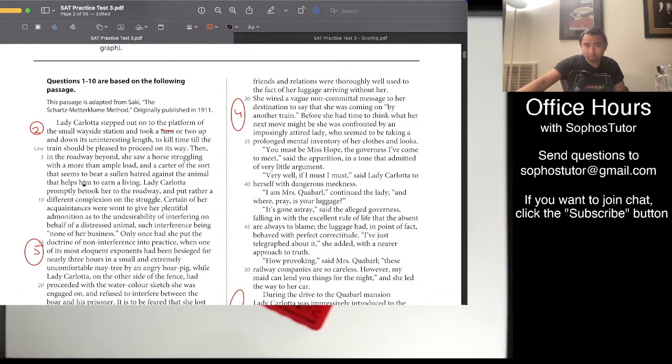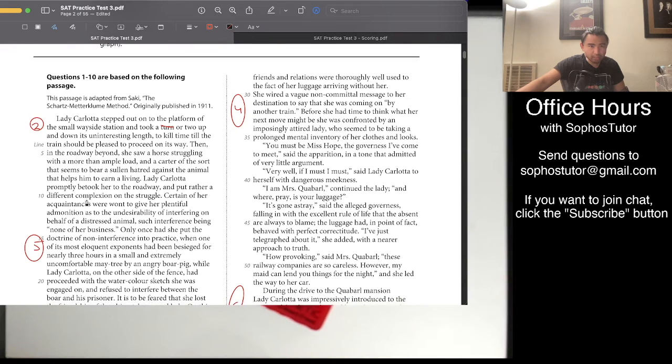Not much. I mean, it establishes that she saw a horse struggling, and that there seems to be, I guess, an owner or something who has a hatred for this horse, even though this horse is helping this person make a living.